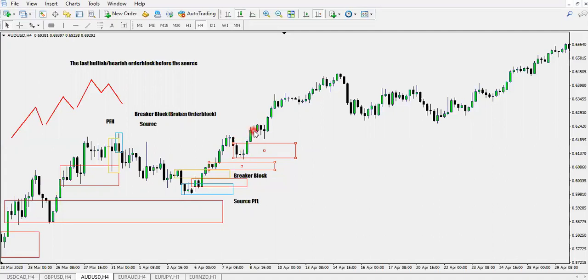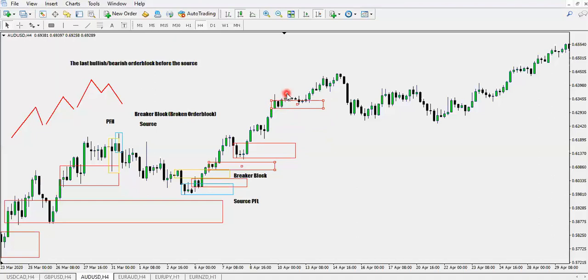Okay, so price rallied up and another order block over here was created on top of this one. Now they didn't intersect with each other, but price then continued up. So when price continued up, we had another bullish order block created.